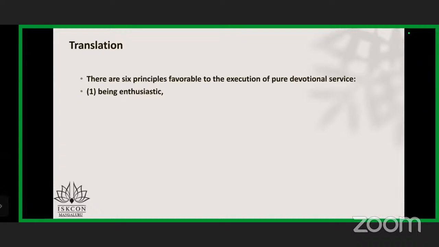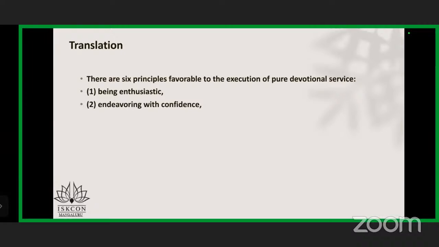That's not the thing. They are enthusiastic in doing any devotional service, and this is the favorable thing. We have enthusiasm in so many things, right? When we have enthusiasm, we do our activity perfectly. So in devotional service also we should be enthusiastic.